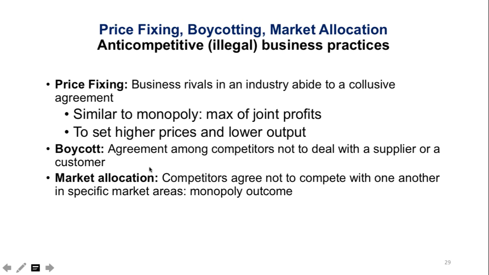But if competitors agree among themselves not to accept any Blue Cross Blue Shield, Medicare, or Medicaid insurance, this is an illegal agreement. Market allocation is when competitors agree not to compete with one another in specific market areas, trying to monopolize the market with a lower level of production and higher prices.